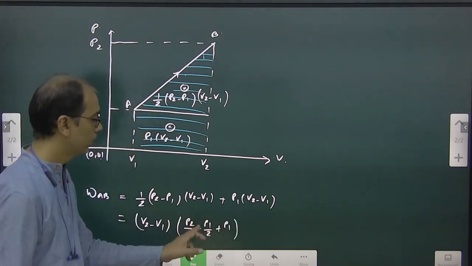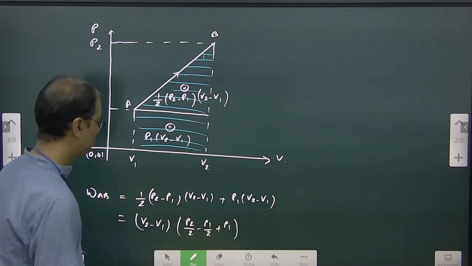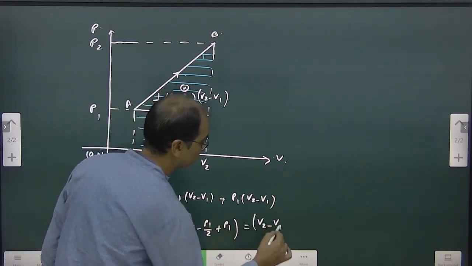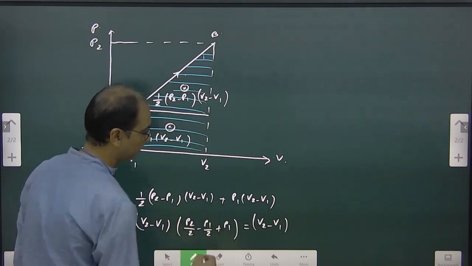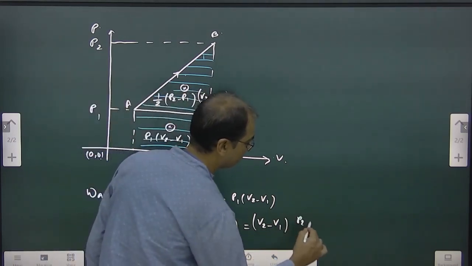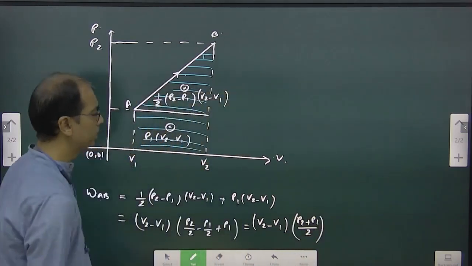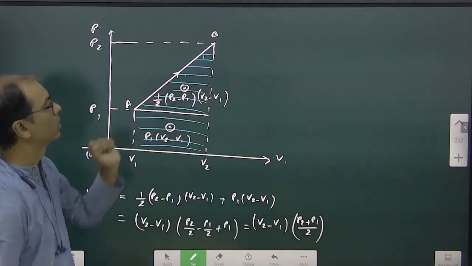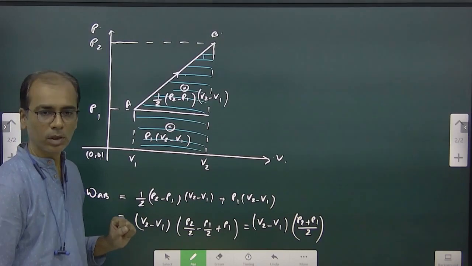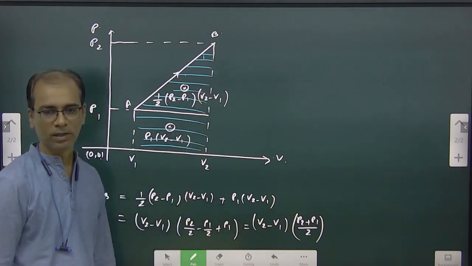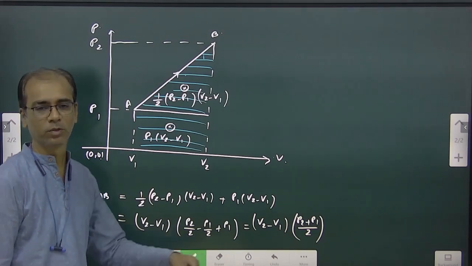P1 minus P1 by 2 is P1 by 2, so we get P2 plus P1 by 2, into V2 minus V1. This is P1, this is P2. It's a linear graph, so this is the average value of pressure.